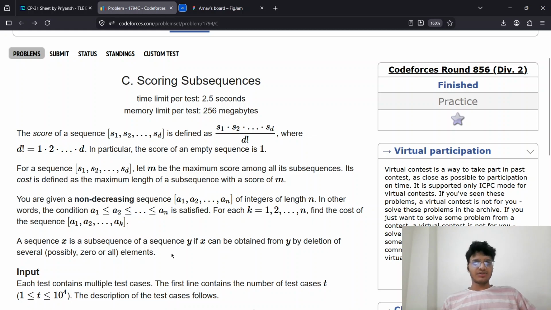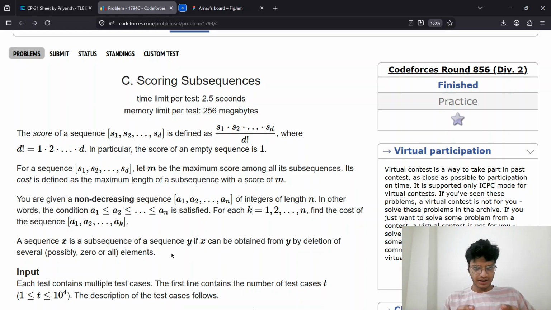So let me explain what the question is saying. First, what is a subsequence? Suppose we have an array a1 up to an, and we remove some of the elements, or possibly zero, say a2, a3 and a6.